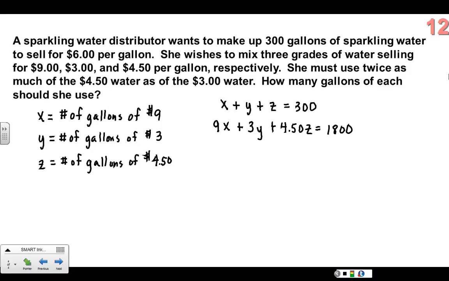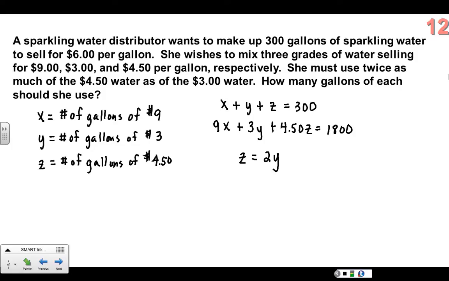So actually, the number of gallons of the $4.50 water is going to have to be 2 times the $3 water. The amount of the $4.50 is twice of the $3. So that's it. Z equals 2Y. That's the better equation right there.